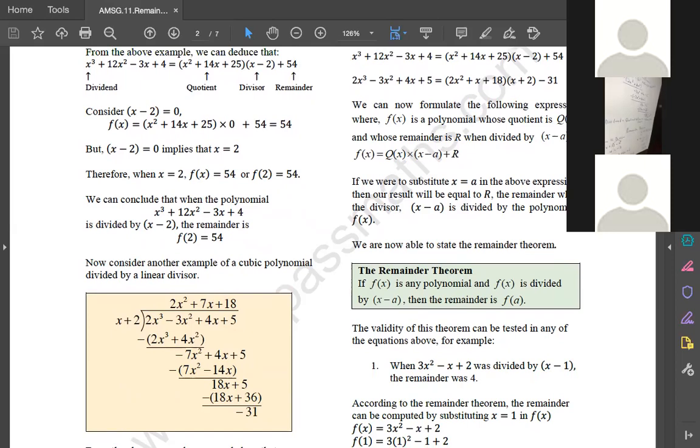It can be f of x, h of x, g of x, a of x, u of x, y of x, anything. So if f of x is any polynomial, and f of x is divided by a divisor x minus a, then the remainder is f of a. Like we did the other time.